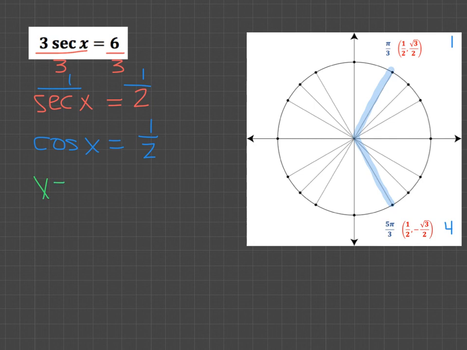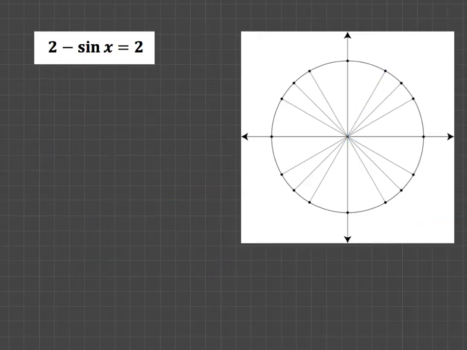X equals pi over 3 and x equals 5 pi over 3. And we're back to having a trig function that has a period of 2 pi. So to get every angle x that has cosine of 1/2, we need to add multiples of that period of 2 pi. So we add n times 2 pi to both those angle measures.